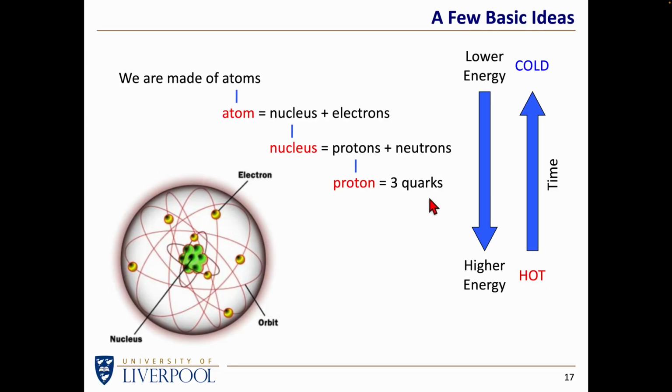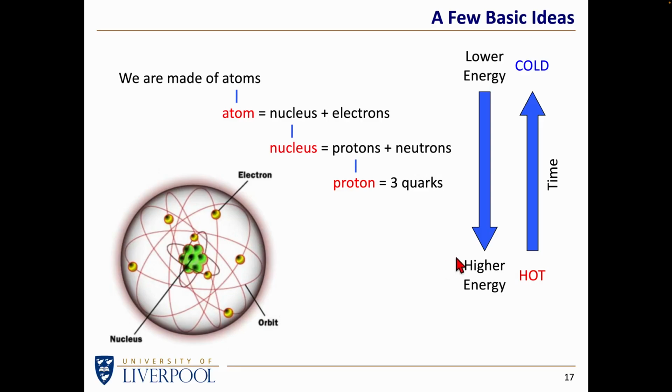If we start with a whole load of particles, we can't simply put particles together like making quarks into protons and making protons into nuclei and making nuclei into atoms. We can't do that as soon as the universe was born because it's simply too hot. There's so much energy around in the early universe. If you try and put quarks together into a proton, they have so much energy they would tear themselves apart.